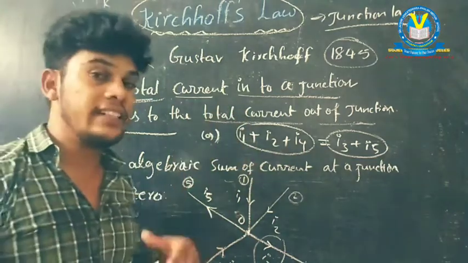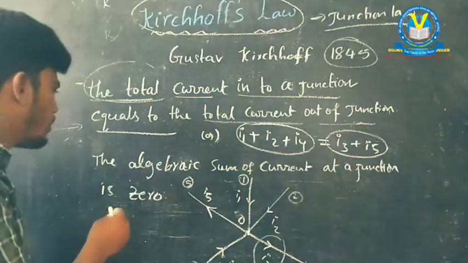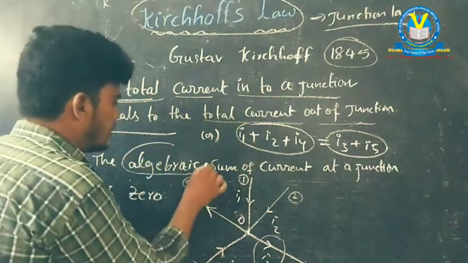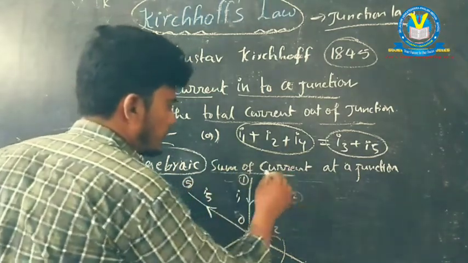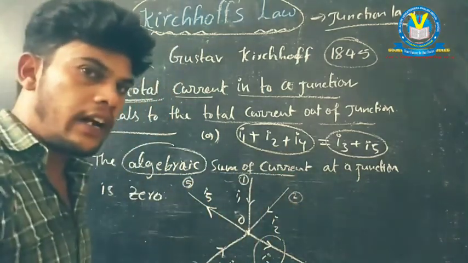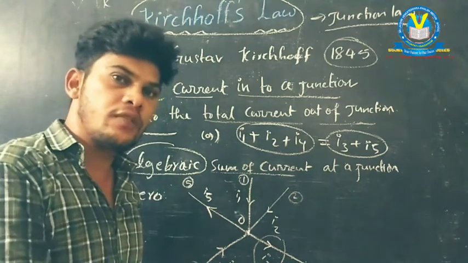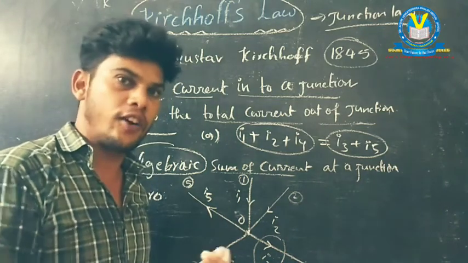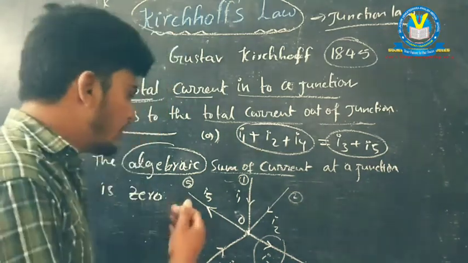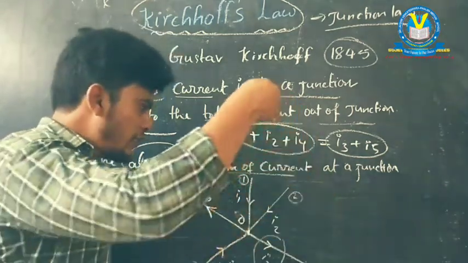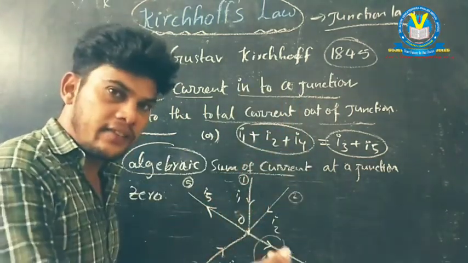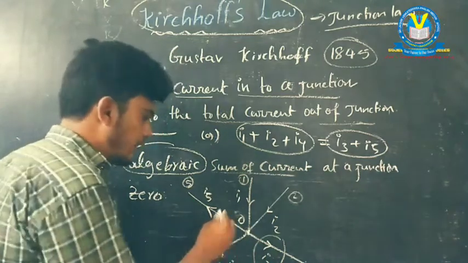We can derive this in another form. Look at here, the algebraic sum of the current. Algebraic means we are showing that equation with plus and minus values. So look at here, the current which goes inside, I will take those values as plus values, adding into the junction.